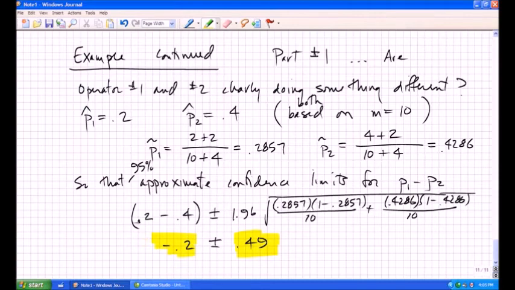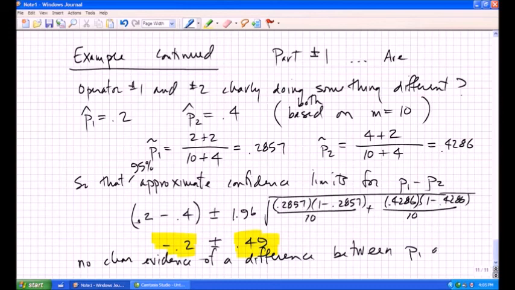The uncertainty is bigger than the estimate itself, and this is a way of using good old Stat 231 material to say that indeed we have no clear evidence of a difference between P1 and P2.